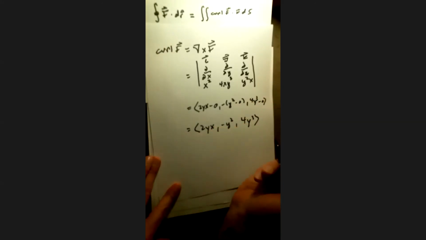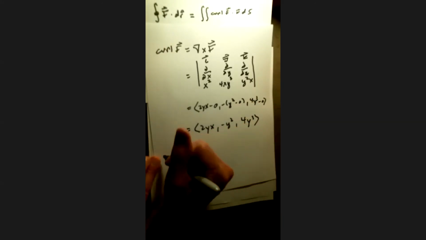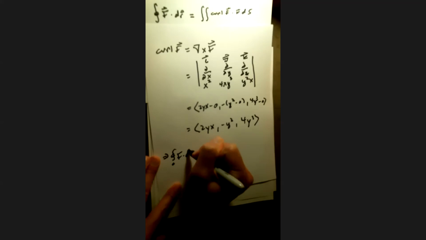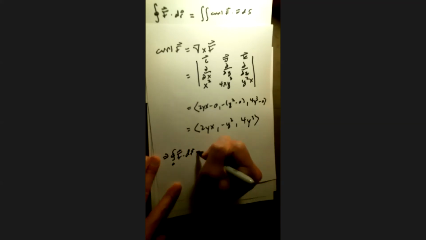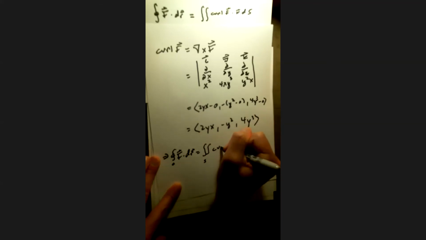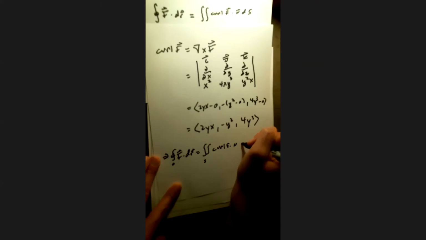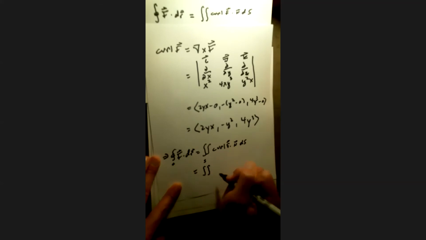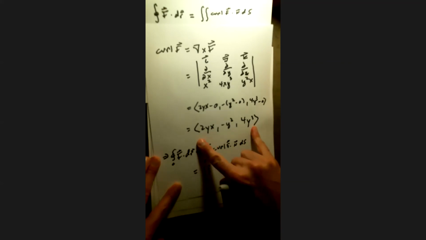This tells us that our line integral, which is equal to the surface integral, is equal to the double integral across the region R of, we've got to substitute in for this quantity.